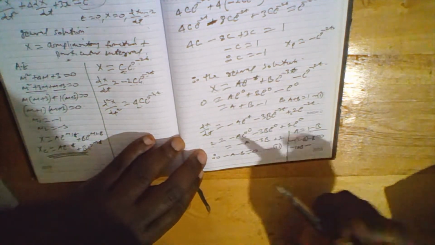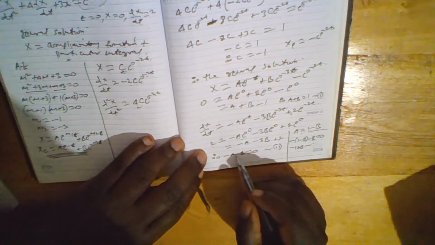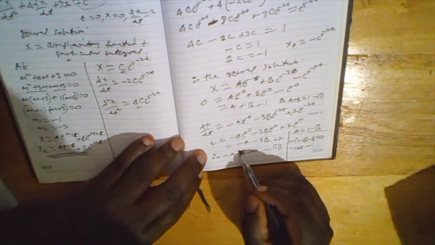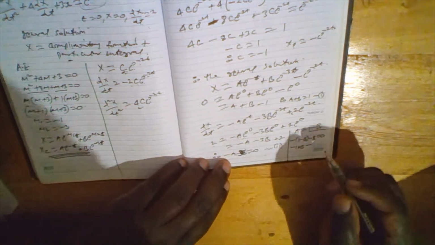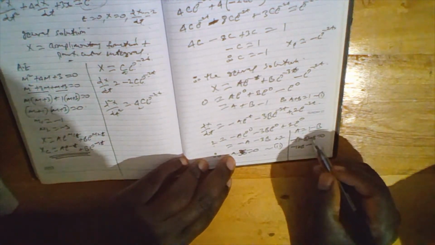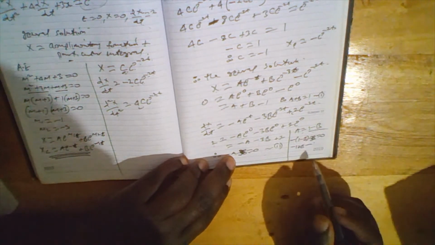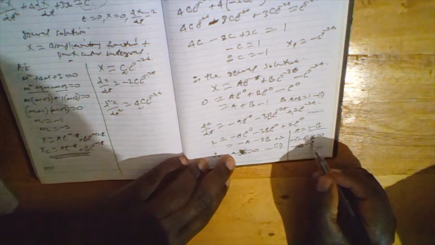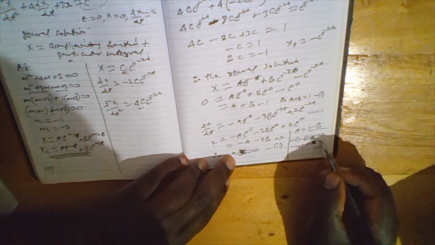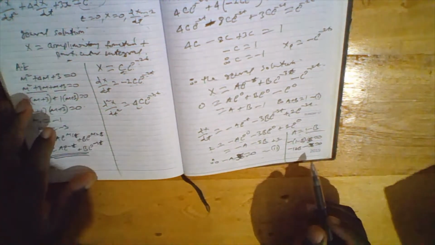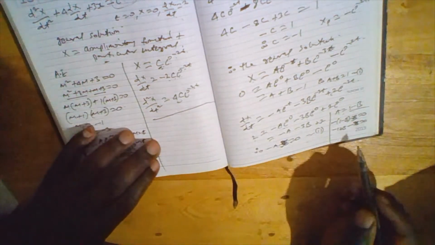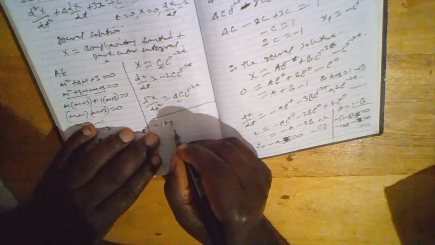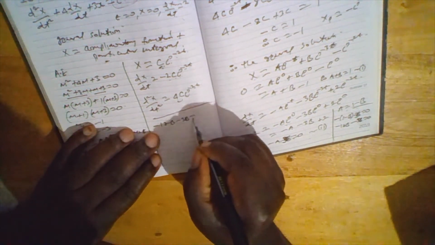So this is minus a minus 3b plus 2 equals 0. Doing it here, we have minus 1 plus b minus 3b equals 0.